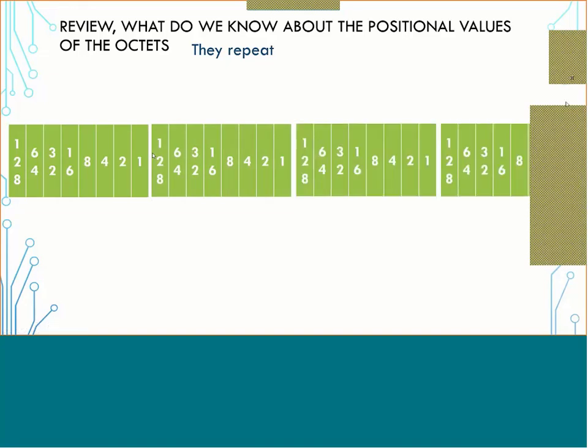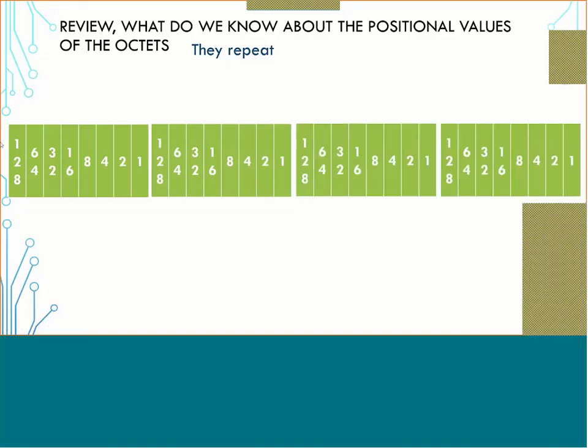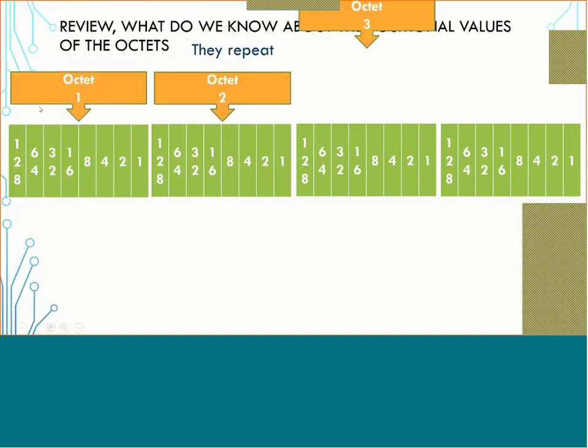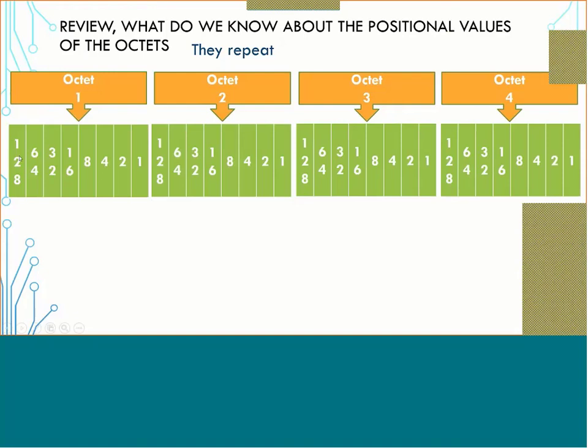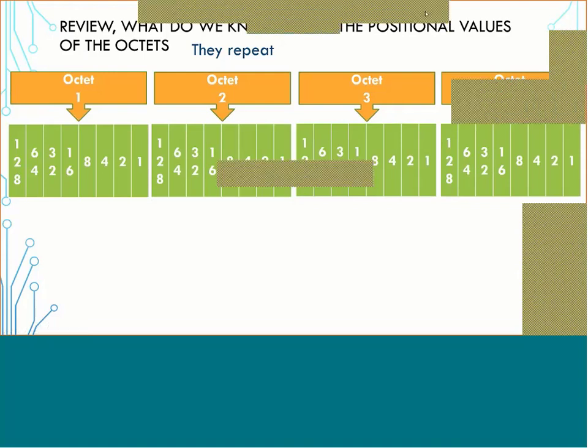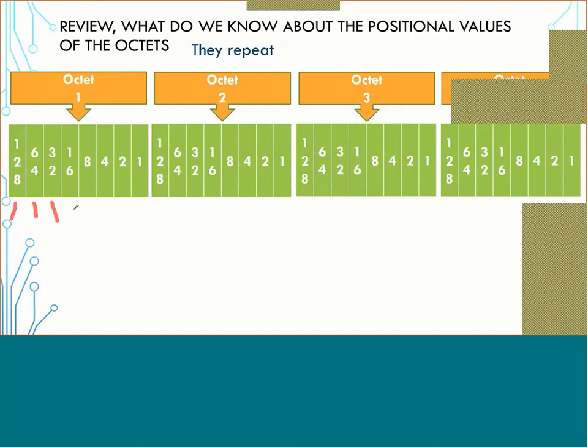So here's our octets. Here's our first octet, our second octet, third, and fourth. And notice the positional values repeat. 1, 2, 4, 8, 16, 32, 64, 128. They repeat. That's why with a subnet mask of, say, 255.255.0.0, I can have 255 twice.